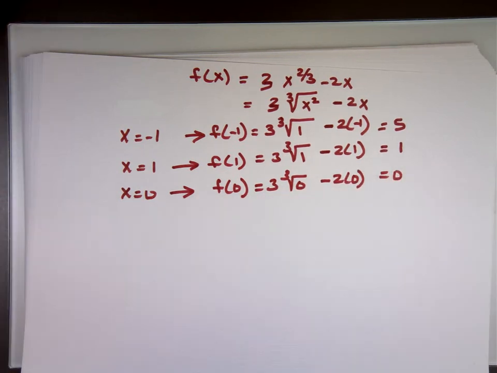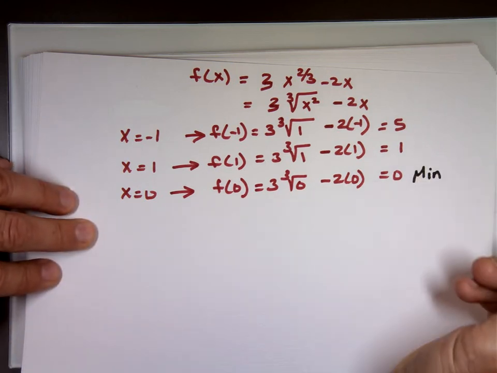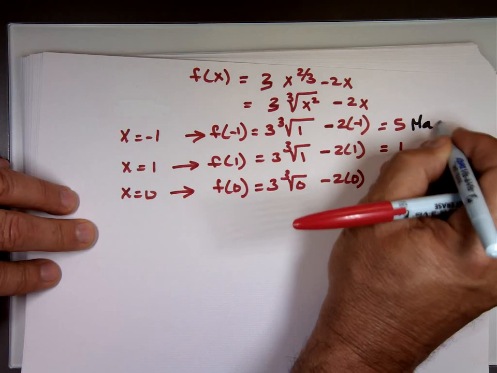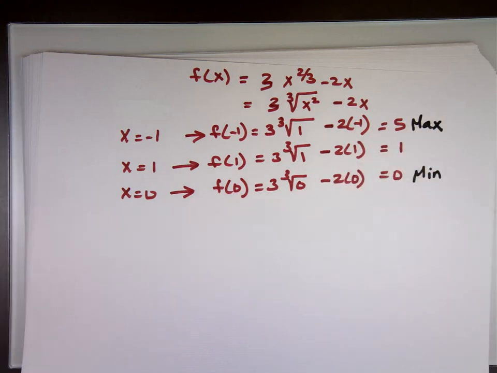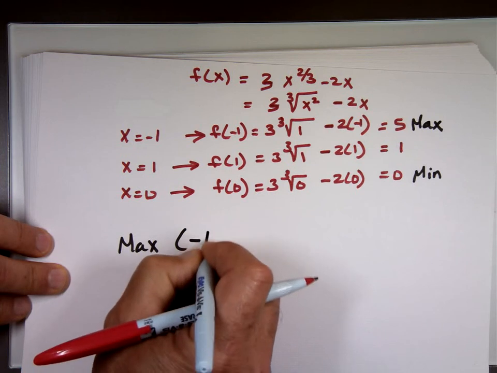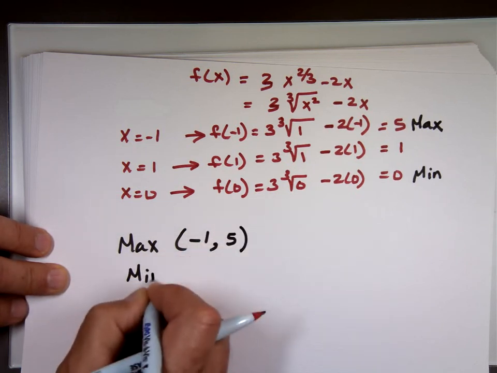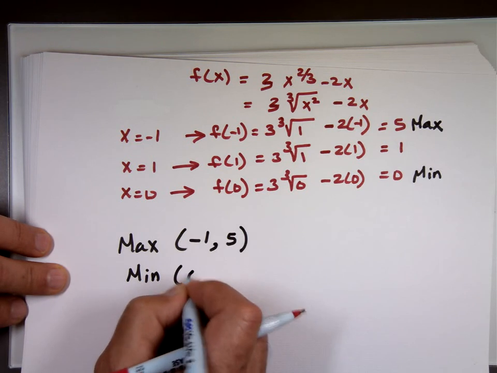Where's the smallest value? Here, that's your min. Where's your largest value? That's your max. So your max is at minus 1, and the value of that is 5. Your min is at 0, and the value is 0. Yep.